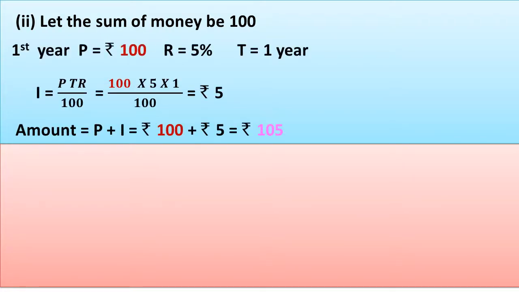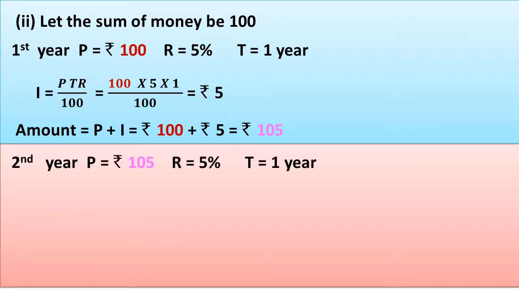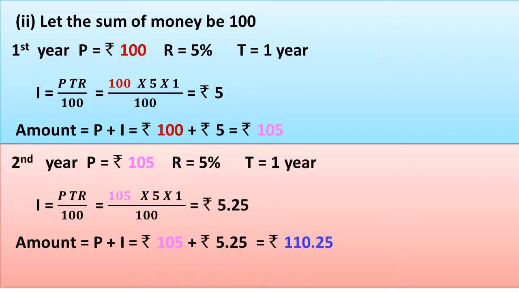Rate of interest is 5%, which is calculated in step 1, and the term is 1 year. The interest will be rupees 5 and the amount will be rupees 105. Consider this rupees 105 as the principal for the second year, and at the end of the second year the amount leads to rupees 110.25. Now let us compare with the given data.